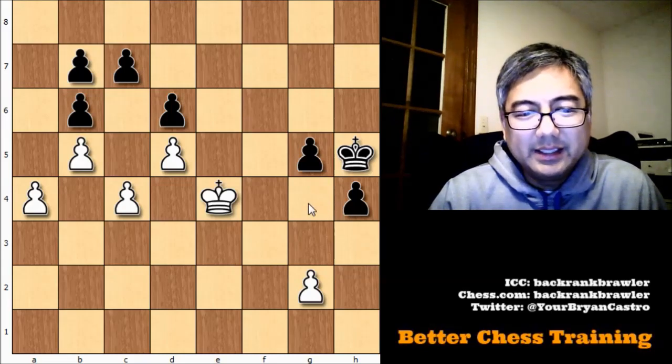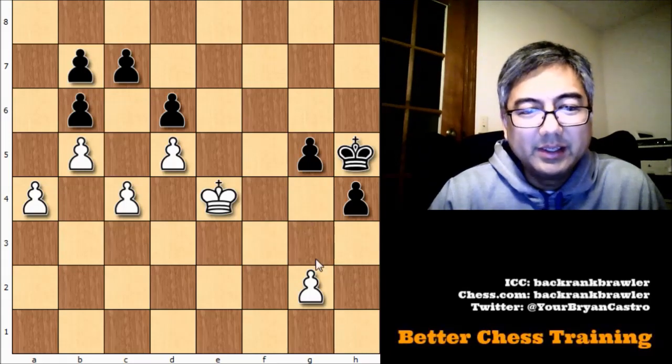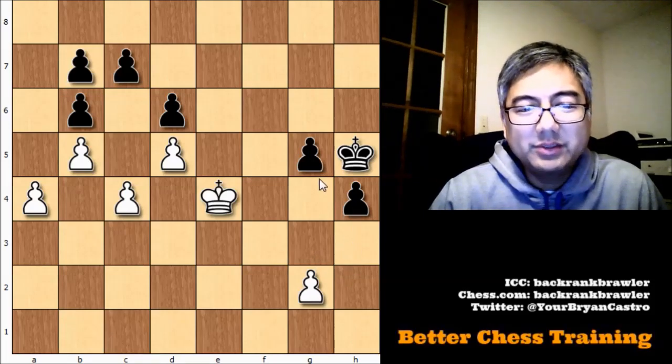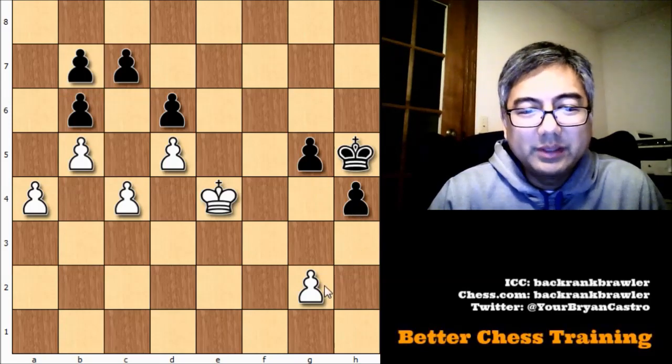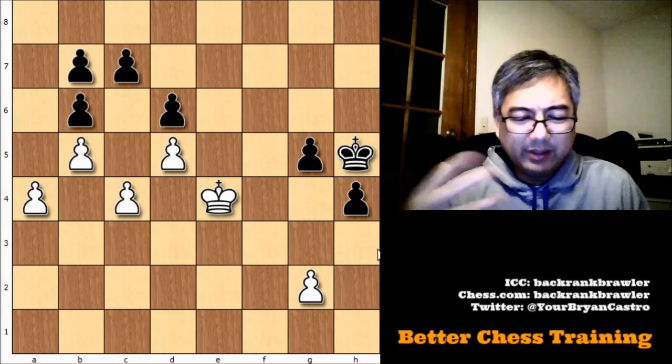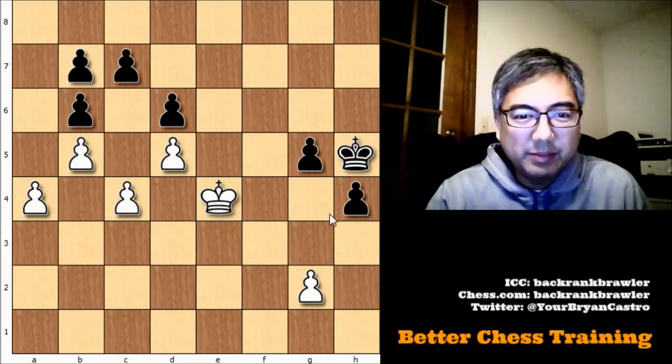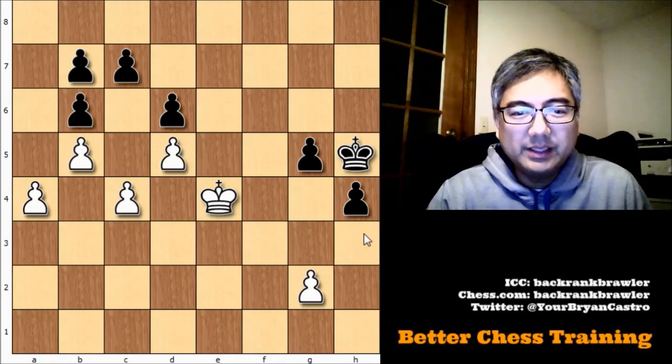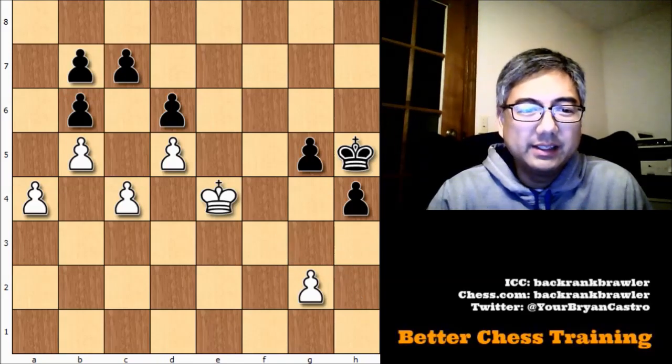The next move would probably be either g3, with the idea of playing h3, or h3 with the idea of creating a passed pawn. Now, if you're fairly familiar with your basic endgames, you know here that you're going to be able to stop these.